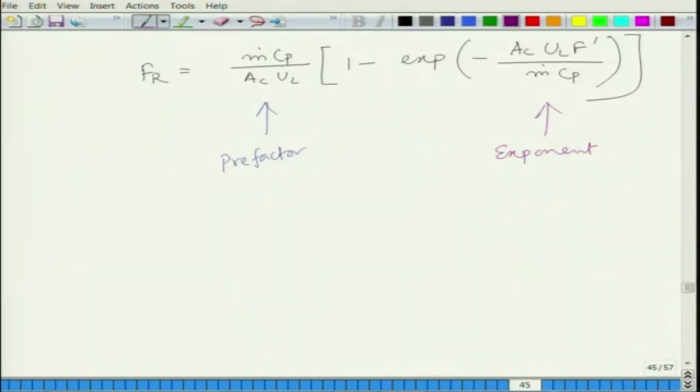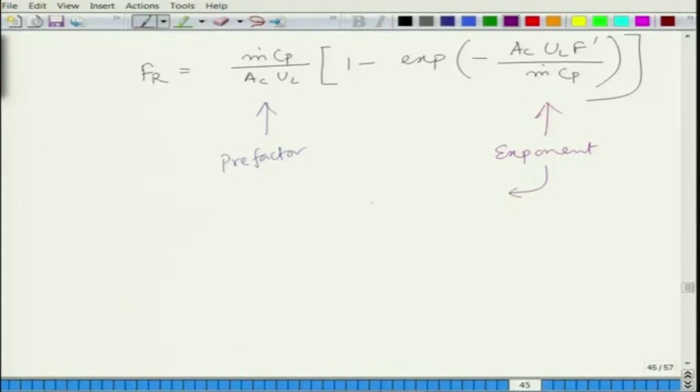The only difference is that one is the reciprocal, that means 1 over the other, and we have another F prime inserted in the exponent.